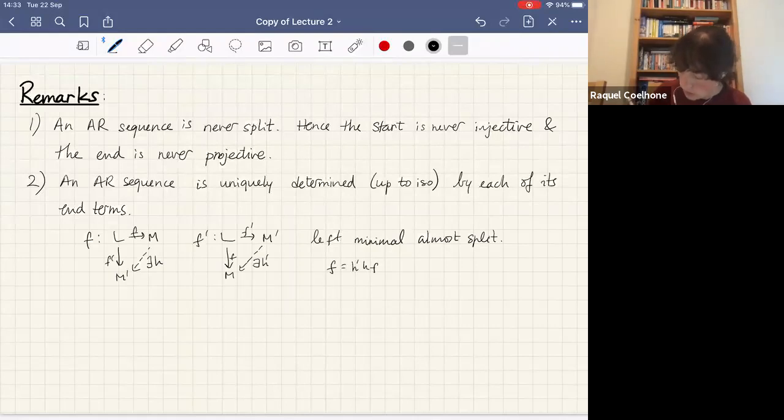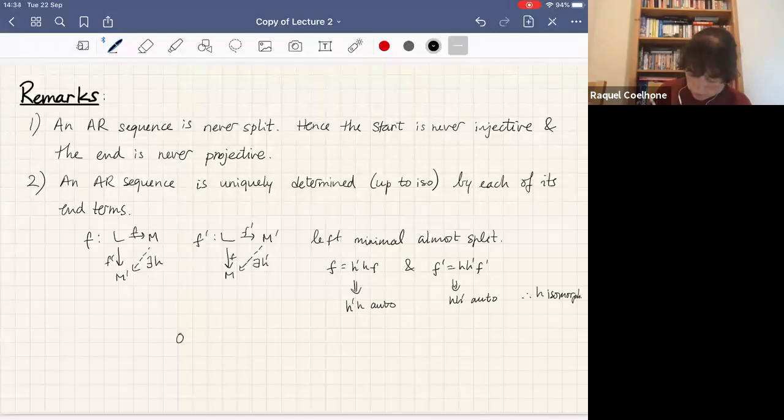So we can deduce that this holds, and that f prime equals h prime f prime. But again, now we use the left minimal property, meaning that this h is an automorphism, and this h prime is an automorphism. And so we can conclude that h is an isomorphism.